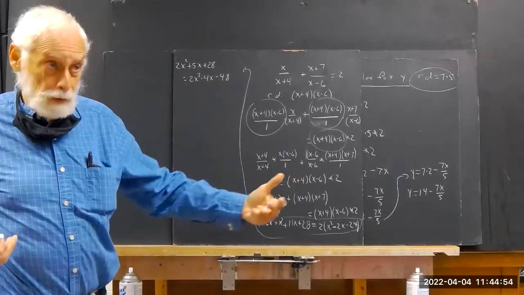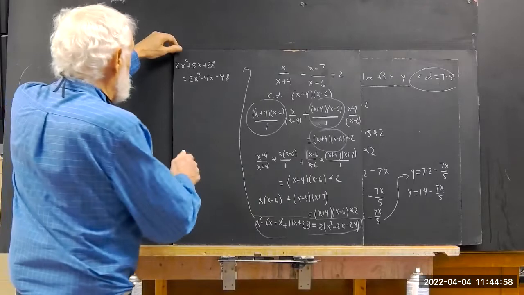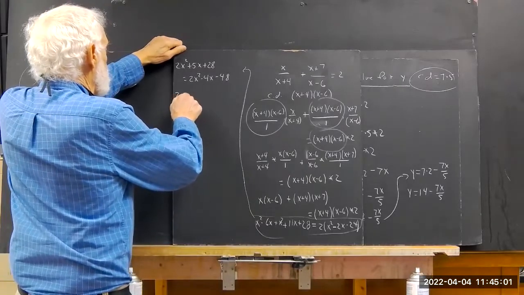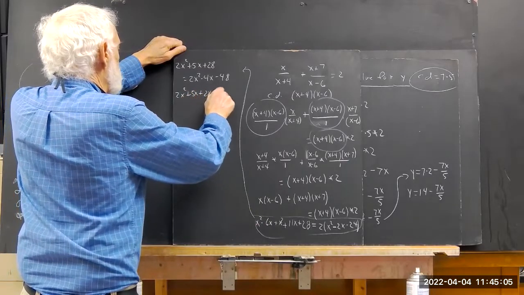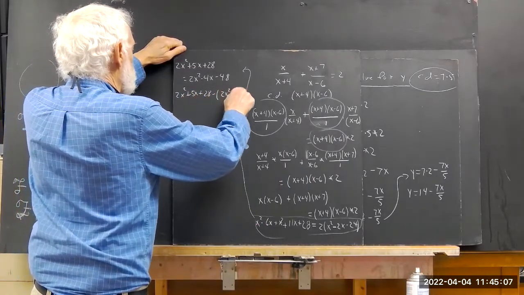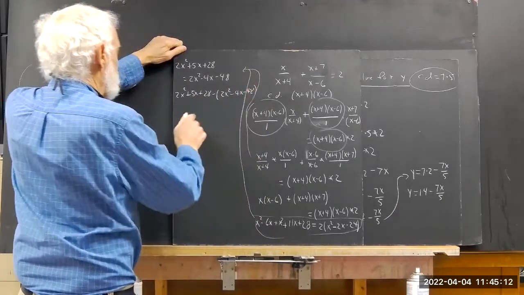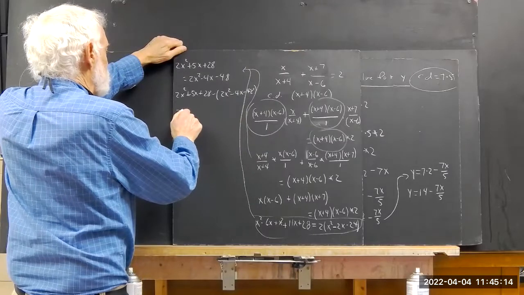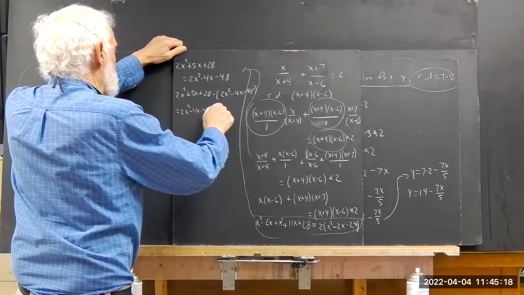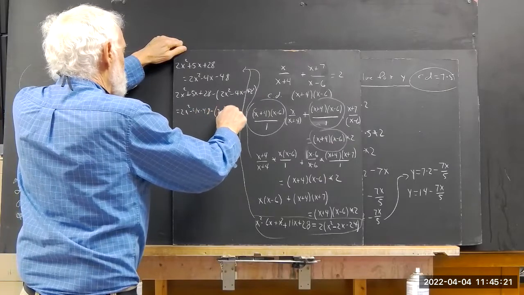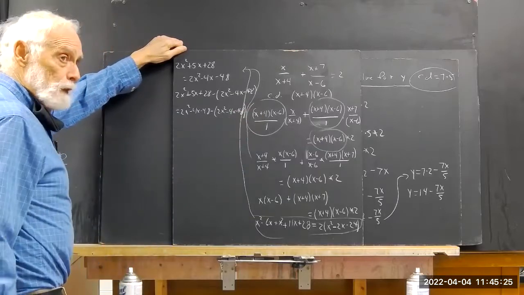Going to put everything on the left side. Okay, so I've got 2x squared plus 5x plus 28 minus the quantity 2x squared minus 4x minus 48 equals 2x squared minus 4x minus 48 minus 2x squared minus 4x minus 48.